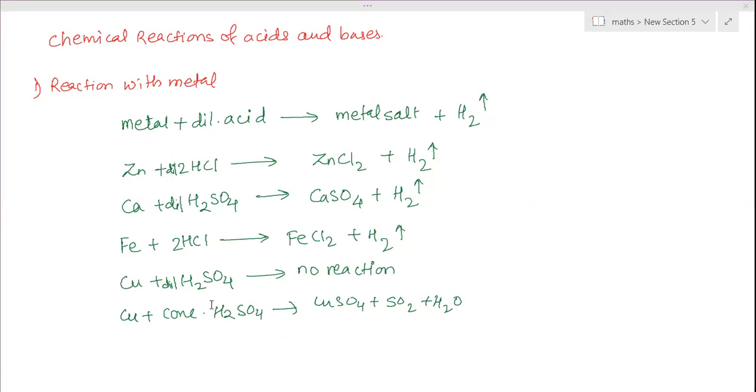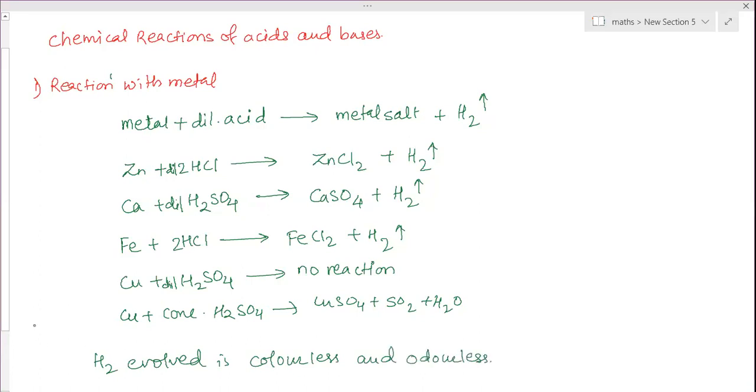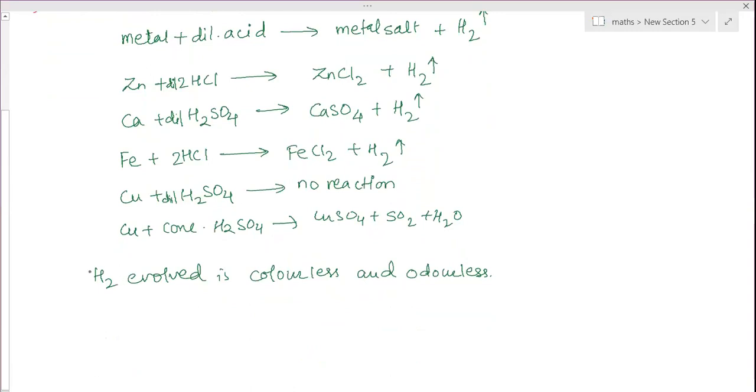Now here, the test of hydrogen gas: the gas coming out here is hydrogen gas. Hydrogen gas evolved is colorless and odorless. Then how to find out? How to test the hydrogen gas? Test for bubbles.